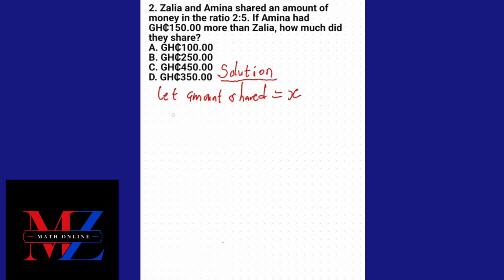Now the total ratio: the ratio is 2:5, so the total ratio will be 2 plus 5, and 2 plus 5 will give us 7.